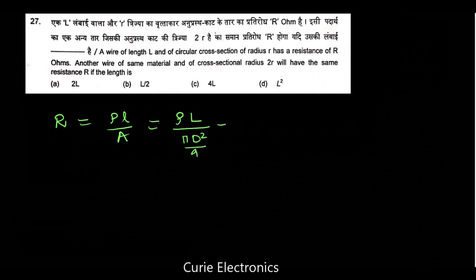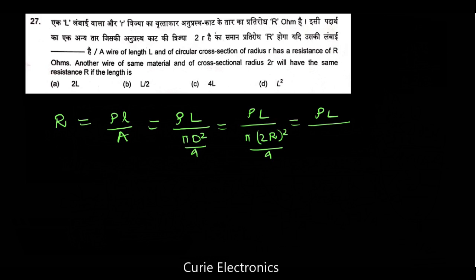If I simplify this, rho L, what is this d square? That is 2r square upon 4. We can directly write it because I am familiar with the pi d square formula.